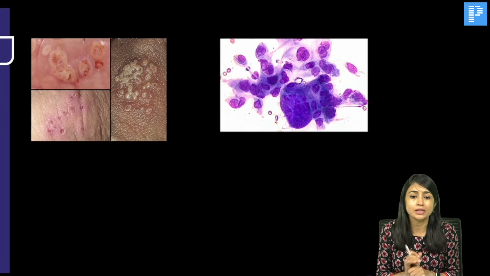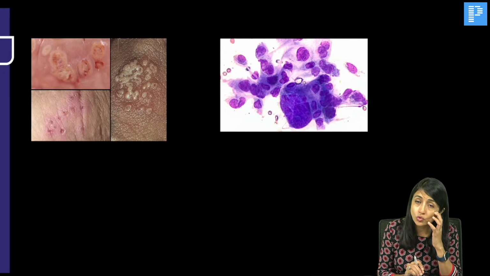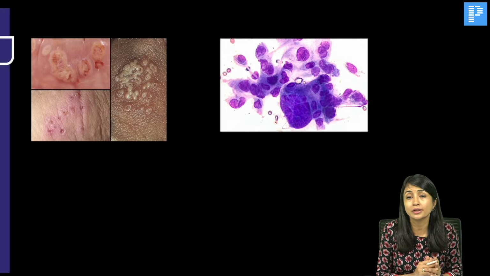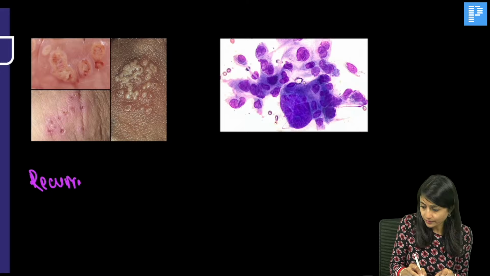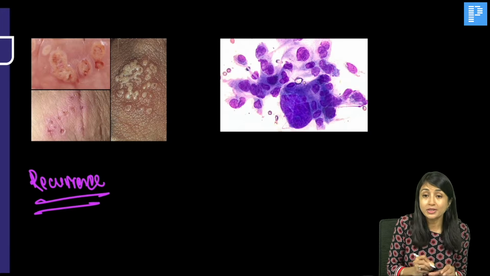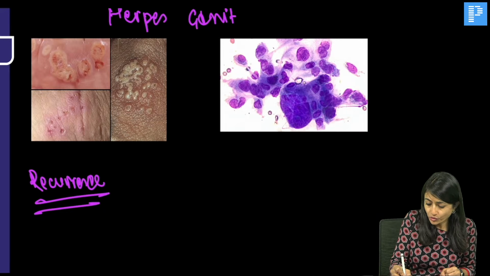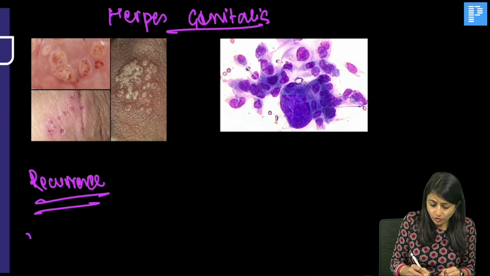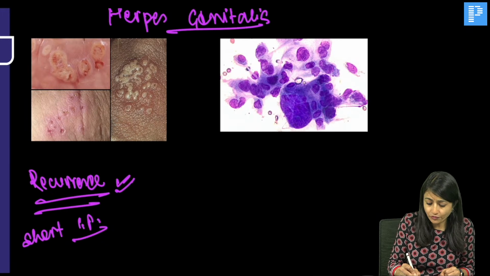Then what is this ulcer? You see numerous vesicles, coalescing erosions which are present in the genital area. Very important, you may get a history of recurrence here. So, the second type of genital ulcer is herpes genitalis. So, important things here, very short incubation period, history of recurrence.